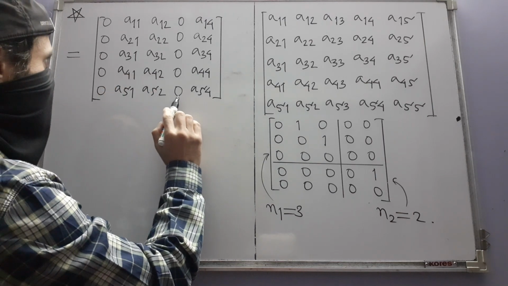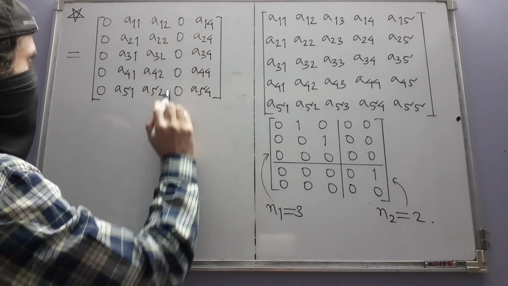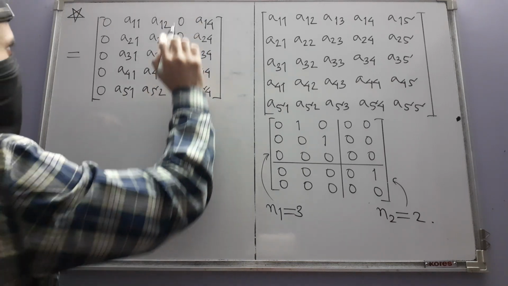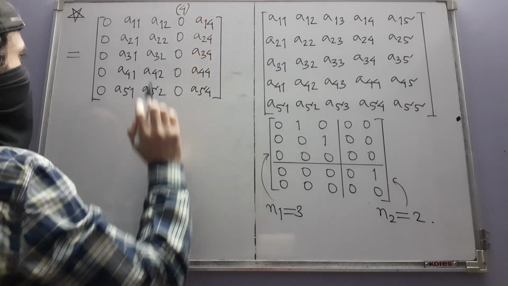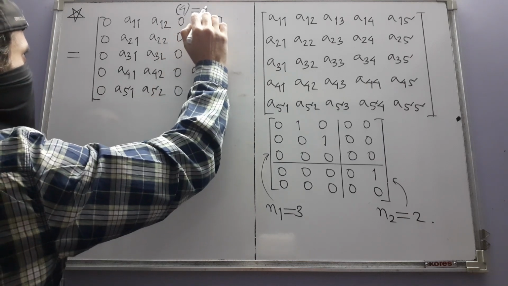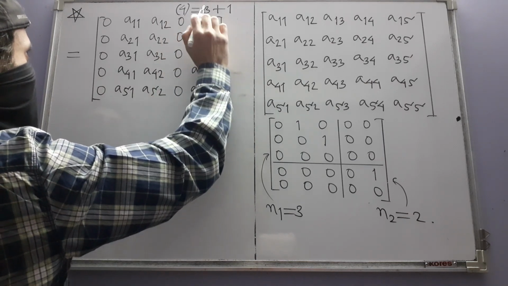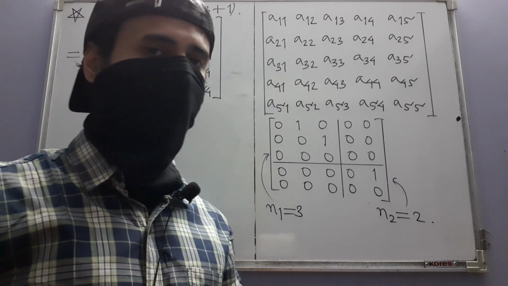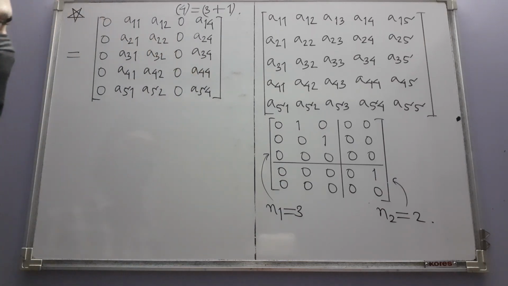Here, what is this column? This is the fourth column, and 4 is 3 plus 1. With this pattern, we can now write the general one.